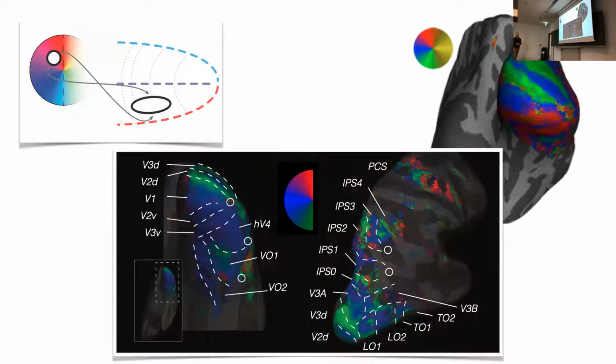Yeah? And so what you see here is that there is this region in the back of the brain that actually has this entire map of visual space, but it's flipped. So this is what visual space looks like. And that means that red is on the top, here red is on the bottom, green is on the bottom in the visual field, and here it's on the top. So what that means is that things are projected in this way into the brain. Yeah. And why is that? Well, that's really simple.